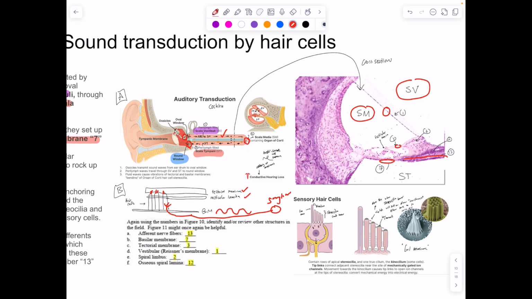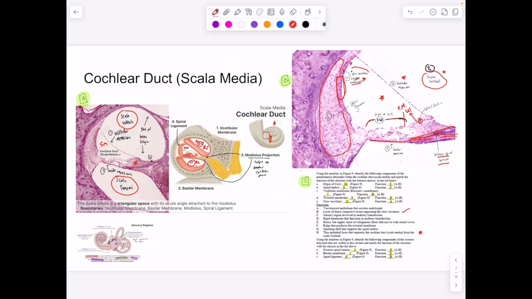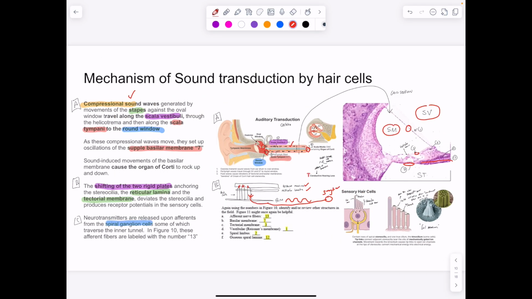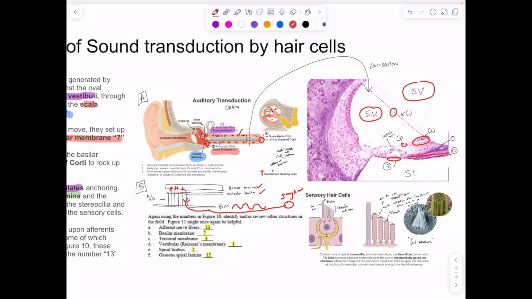You have your stria vascularis, which is producing our endolymph, and then you have your spiral limbus right here, which produces the tectoral membrane. And then you have your osseous spiral lamina, which is this, but this is really just part of the modiolus.